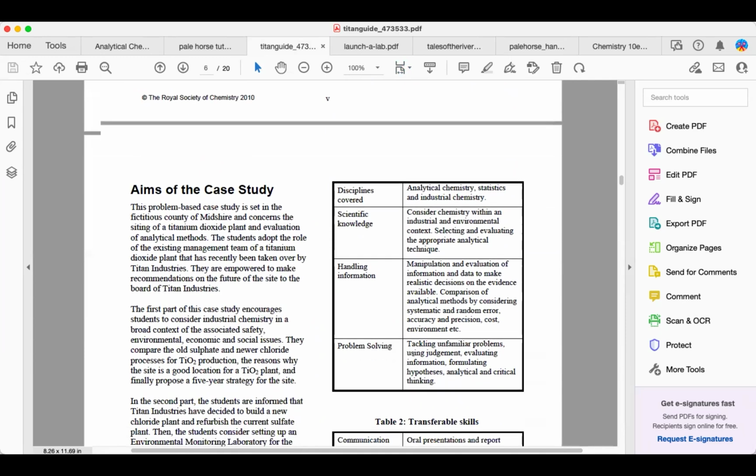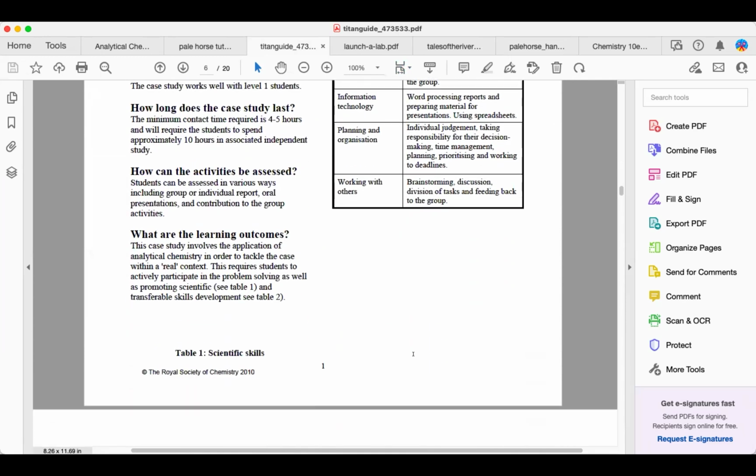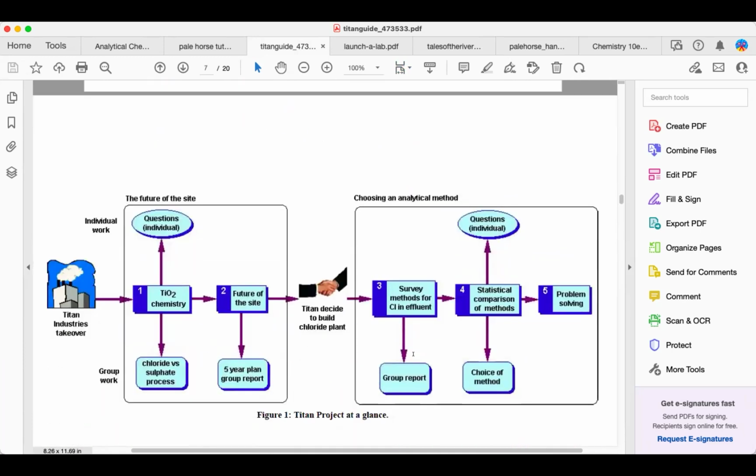Let's move on. Okay, this is about titanium oxide chemistry. It's about deciding to build chloride plant.